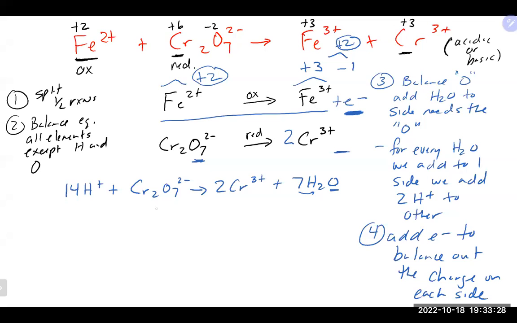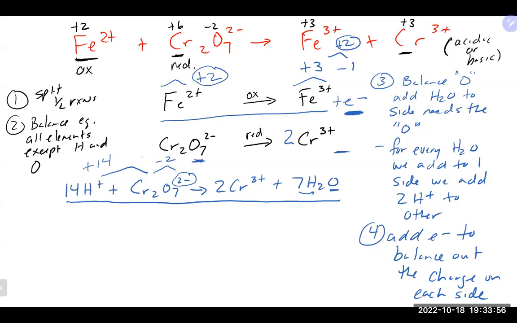All right, so we're going to come down to our chromium one here that we obviously did a little work with. Overall charge on the left-hand side. Again, this is 14 positives. And I am not going to worry about each individual element here. This is what I was talking about before. All of those elements add up to a -2 charge. So why do it individually when it does it for you?